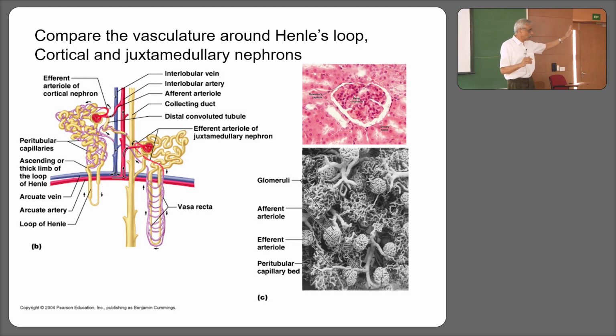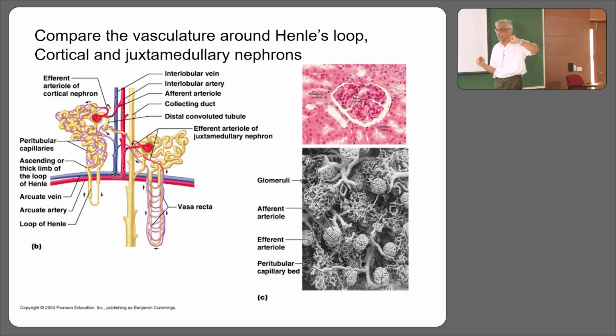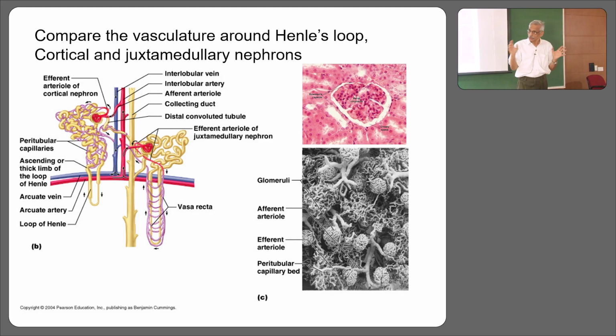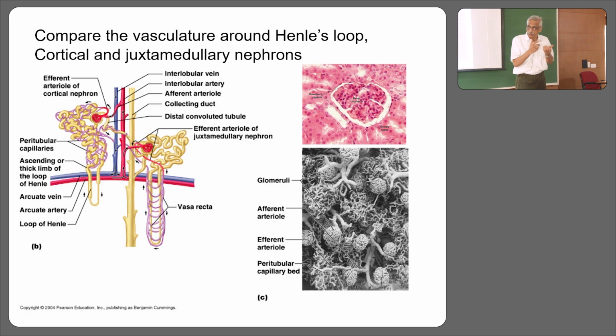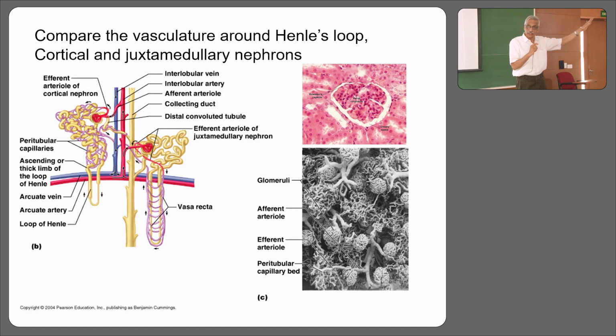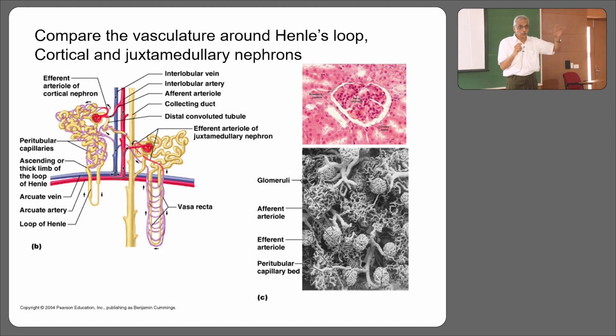Are you with me? So what they have done is, in the case of a rat or a dog, you open the animal, take that special substance in a syringe and inject it in the renal artery. Inject it where? The renal artery. So along with the renal artery, it will spread everywhere.